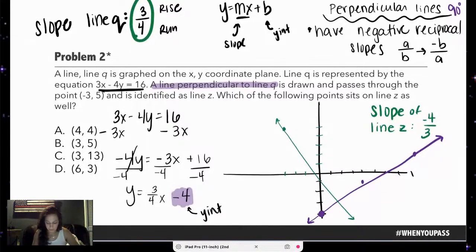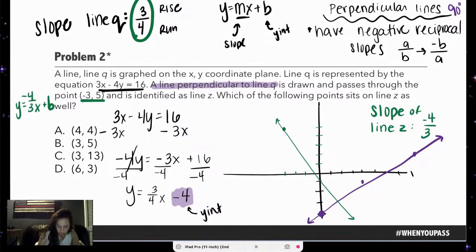Now, watch what happens. I have y equals mx plus b. What else do I know about line Z? It passes through (-3, 5).